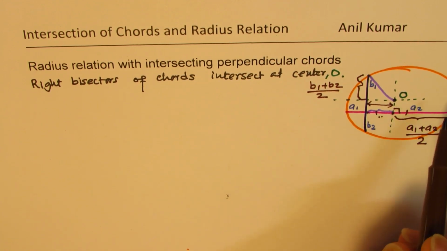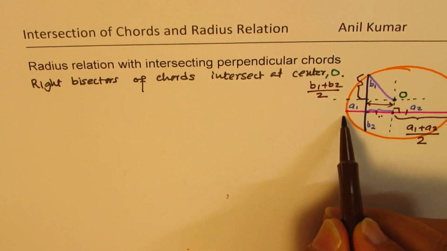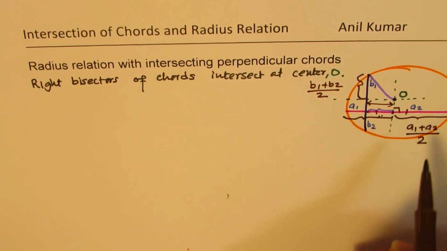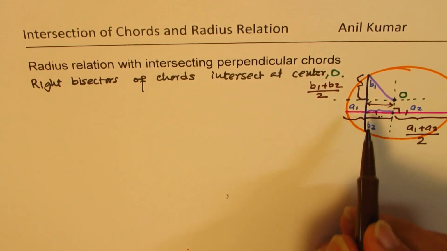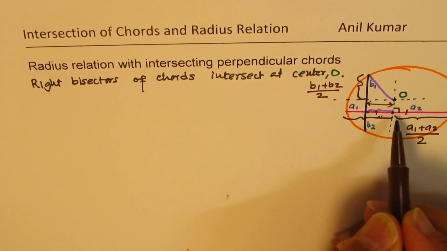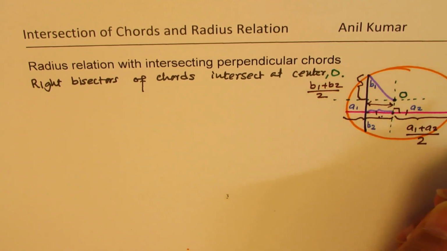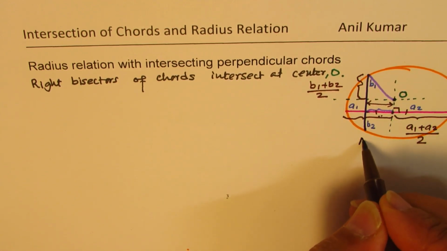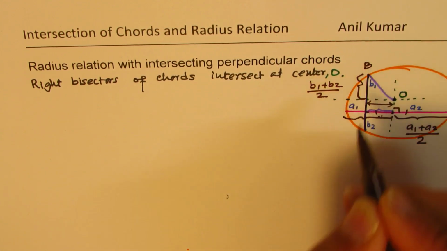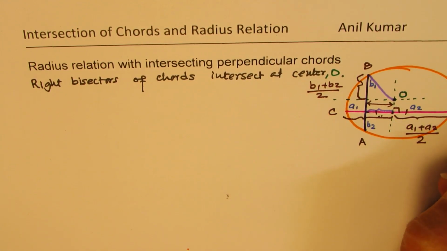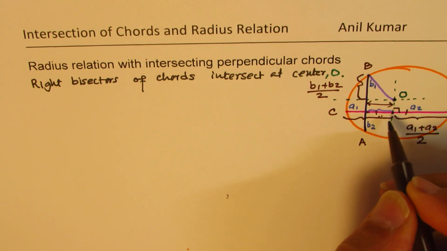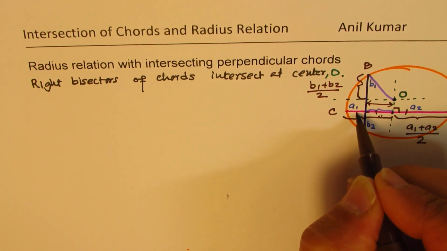Correct? Or we can also say like this. This is also A1 plus A2, right? So, the length which we are interested in, let me label this. We were saying that this is A for us, this is B for us, C. So I'm trying to label this as we had in the original question. Let's call this point as P.